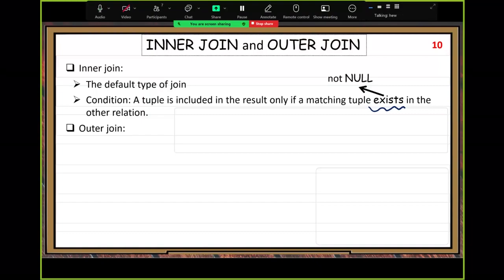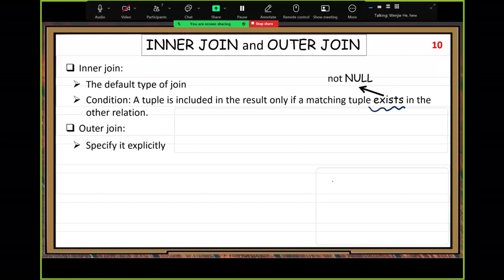Outer join, so now, sometimes we need to include the rows whose values are not matched. So then the outer type of join is specified explicitly. When you talk about join, you join two tables, right?